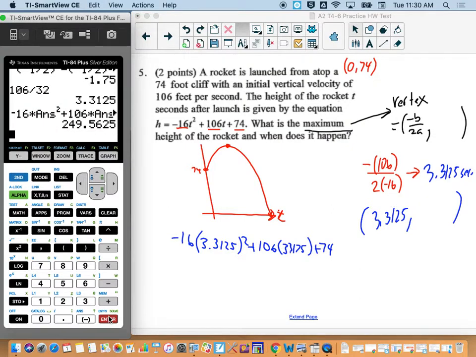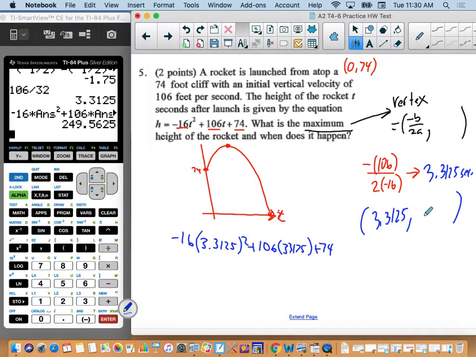And this will be the y-coordinate of the vertex. So it would be 249, we'll just say 0.6. 249.6 feet. So that's our max height.